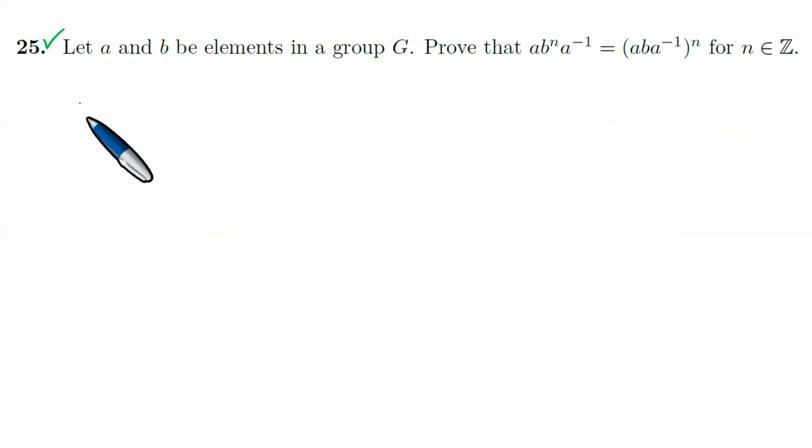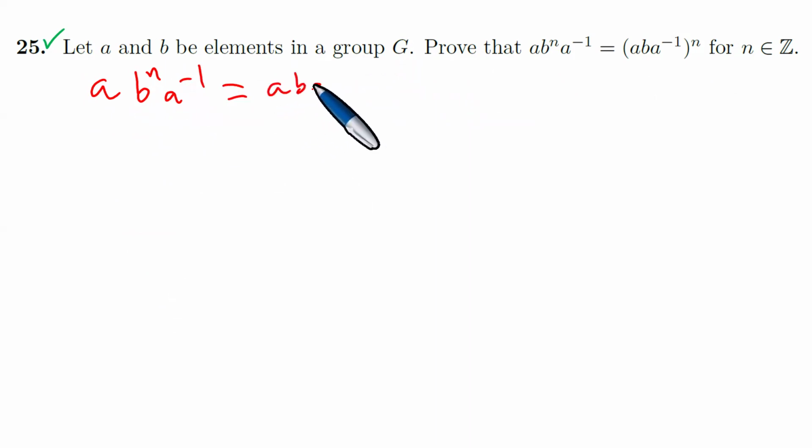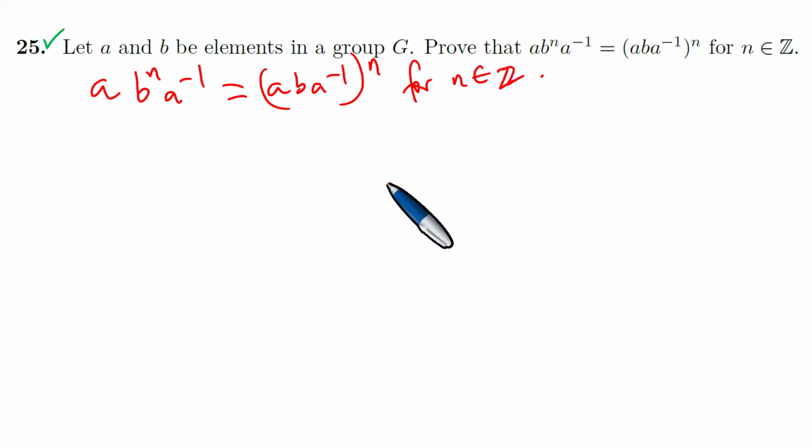Here, this one is saying, let A and B be elements in a group G. Prove that if you have AB to the nth power, this is equal to A B A minus 1 to the nth power, for n in Z. Take a look at this and reason precisely to see what this is supposed to yield.